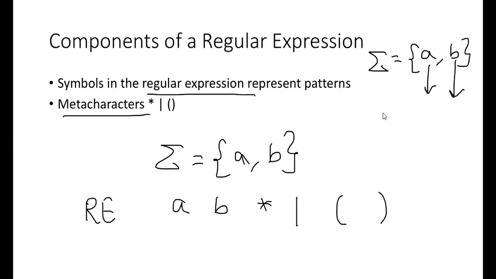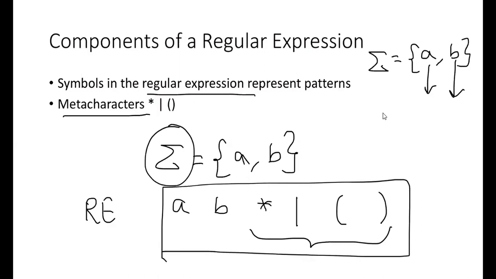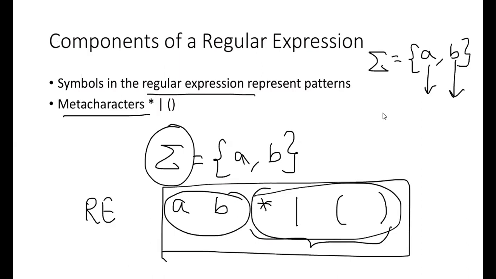There are also some more extended ones, which we will talk about later. These extra symbols which are not in the alphabet are known as meta characters. So in your regular expression, both the symbols of the language as well as the meta characters will appear.